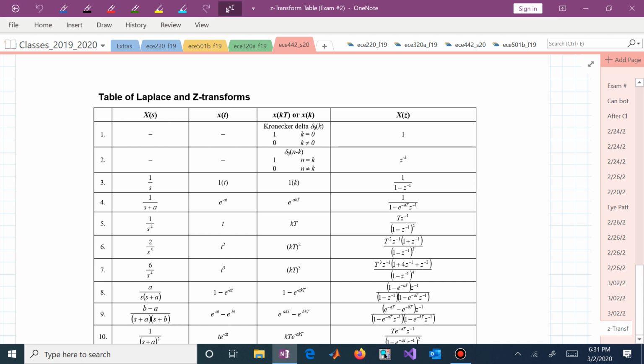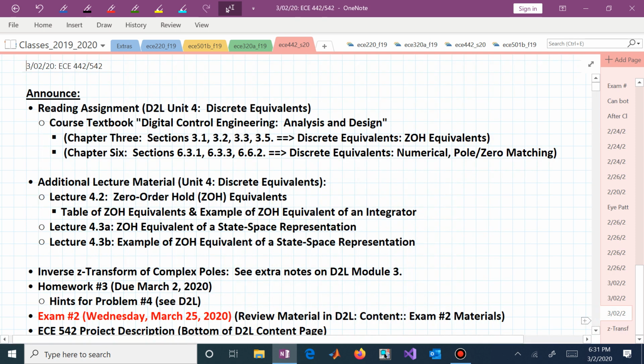1 over 1 minus Z to the minus 1. So this table actually gives you Z transforms in terms of Z to the minus 1s. And you could derive that. You know how to do that. Do the common ratio, take the difference of those 2 rows, get rid of the tails that match, and you end up with 1 over 1 minus Z to the minus 1. We could now say, let's go back.